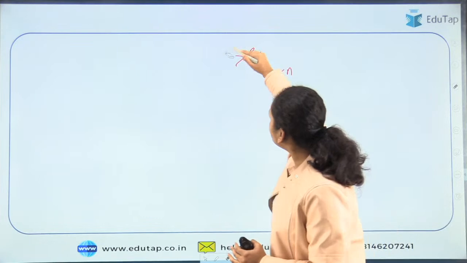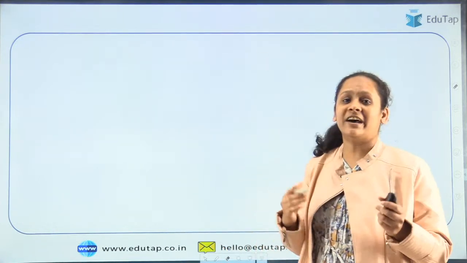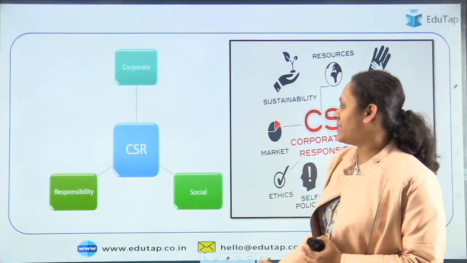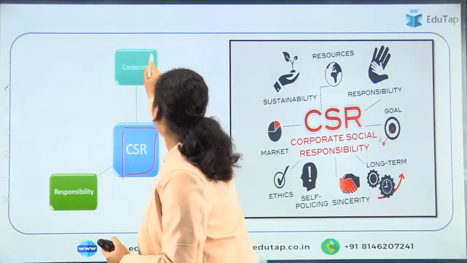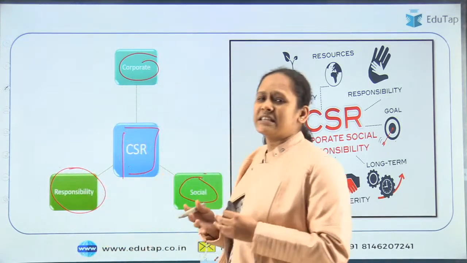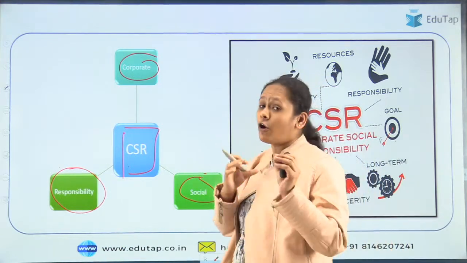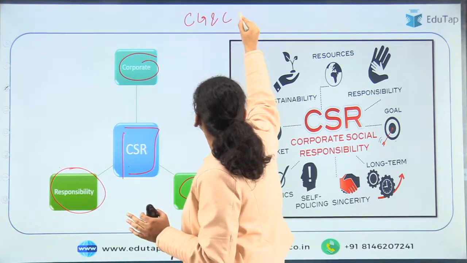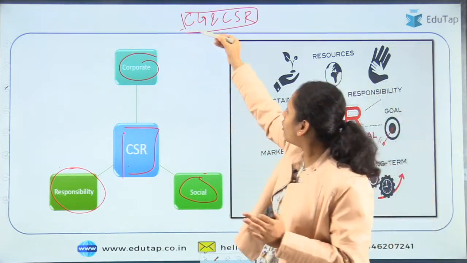Now that you have understood the basics of corporate social responsibility, let us dive directly into the technical definitions which are prevailing. See, when I say CSR, I can simply break this into 3 words: corporate, social, and responsibility. See, before understanding these 3 terms, keep in mind that the concept of corporate governance and corporate social responsibility go hand in hand. What is corporate governance?